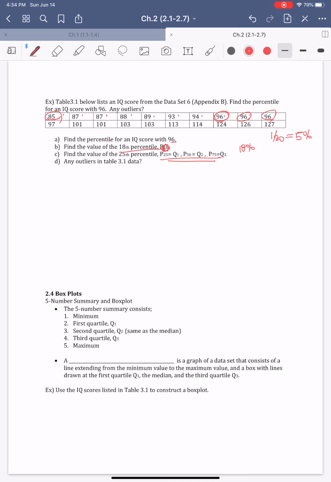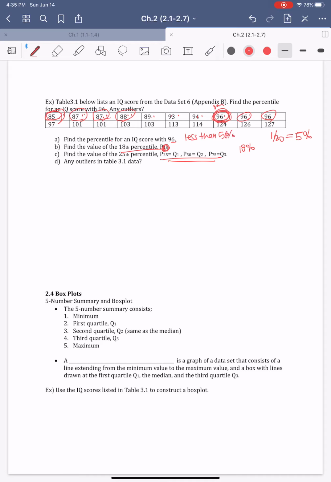So including 2 represents 10% of the data, then 15%, 20%. 96 is the 8th position, so it's not all the way up to 10. So I'm expecting 96, not including the repeat, to be less than 50% when I calculate.